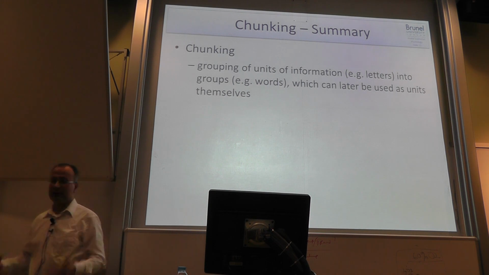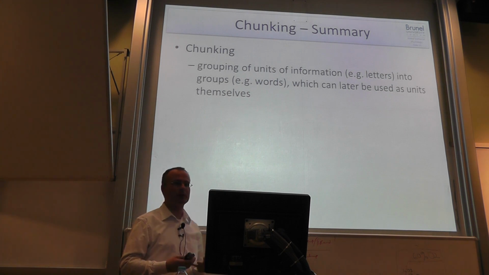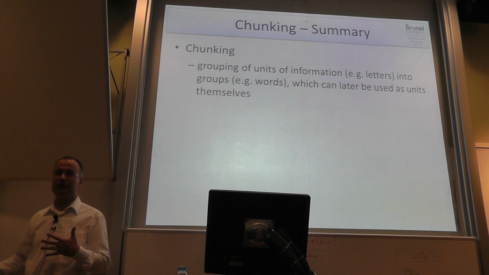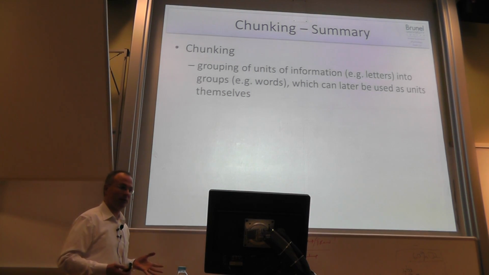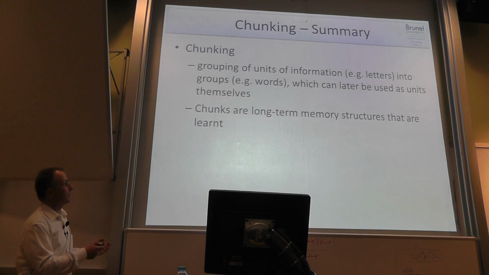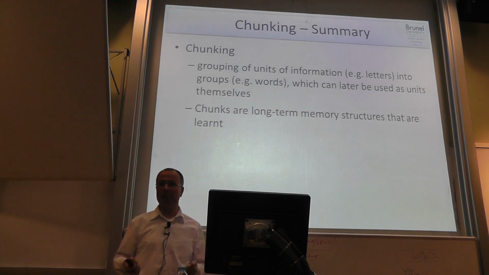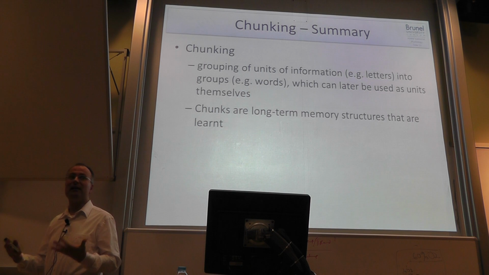So to summarize that, by the use of chunking, we can group units of information into groups which we can later on use as units themselves. So that makes it possible. And chunks themselves are long-term memory structures that have been learned before. And if you remember, long-term memory is supposed to be capacity unlimited.